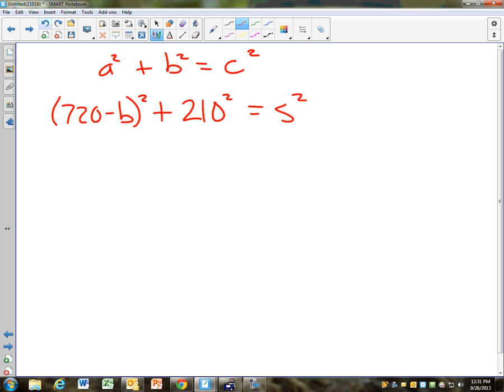Now we want to get rid of that S and put in its place something that has a B in it. Can you do that here? What would you do to both sides in order to solve for S? Very good. You want to square root both sides. Now, the common thought people have at this point is to square root the 720 minus b squared and the 210 squared.